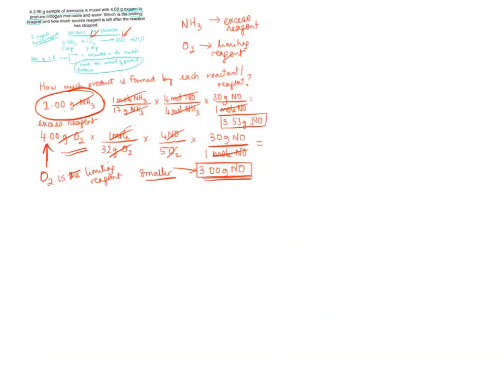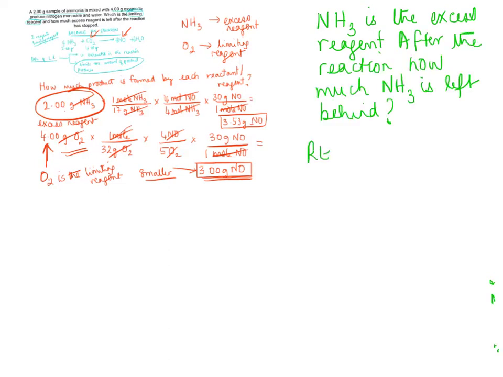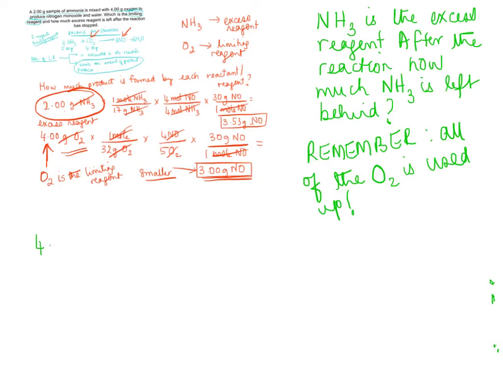The next question is, we know that NH3 is the excess reagent. After the reaction, how much of NH3 is left behind? Remember, all of the O2 is used up. So we have 4 grams of O2. That is, we have these many moles of O2.